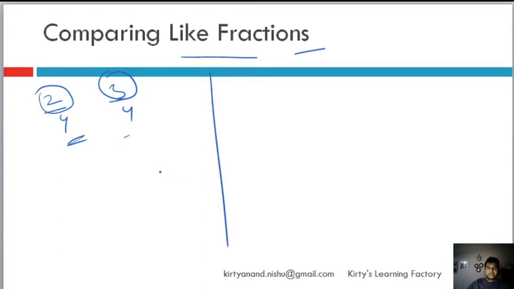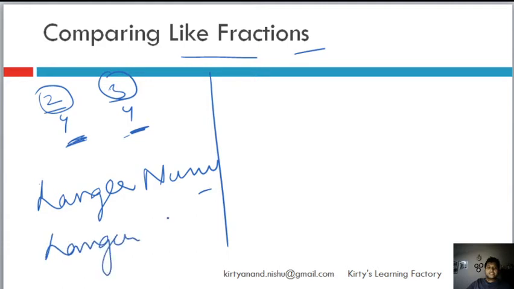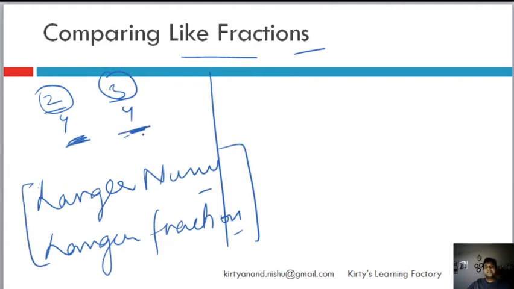A simple rule in like fractions is that we keep the denominator equal and then we compare the numerator. The larger numerator will be the larger fraction. That is a simple rule, when the denominator is the same and constant across both fractions. So that's the rule.